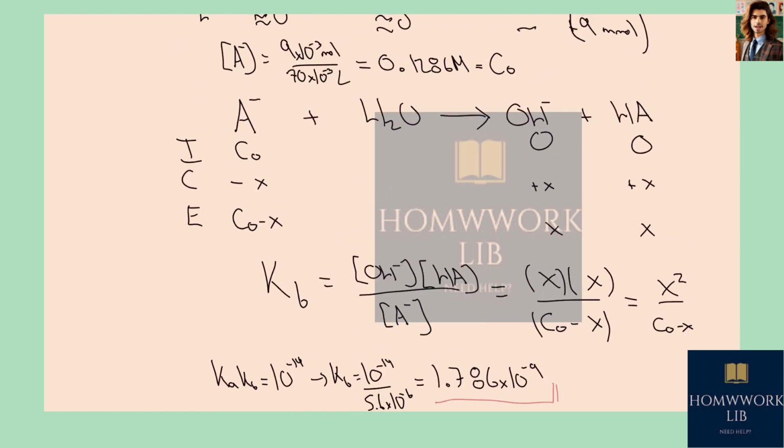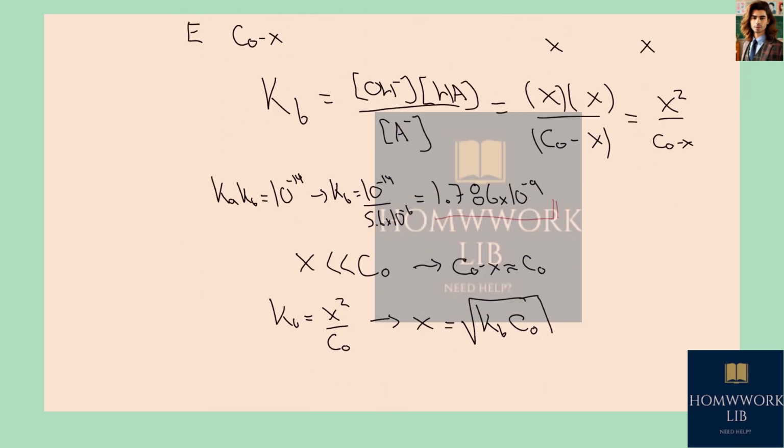If we replace the values, remembering that C0 is 0.1286 molar, and we plug both into this equation, we get the value for X as 1.55 times 10 to the minus 5.